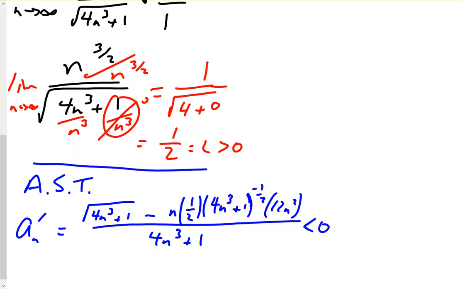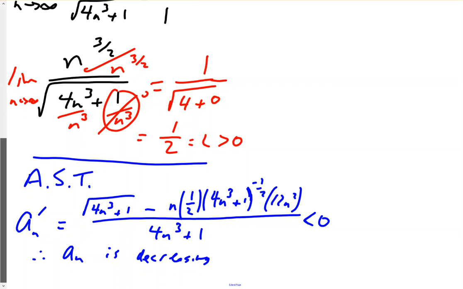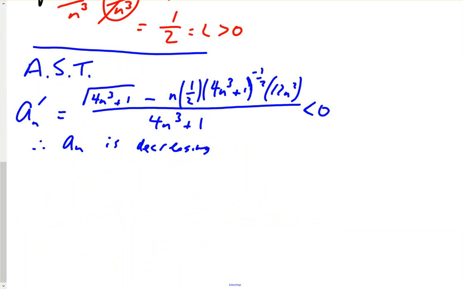So this is going to end up being negative on top for n going to infinity. Okay, so therefore we could say that an is decreasing. And then we see that the an's are all positive.